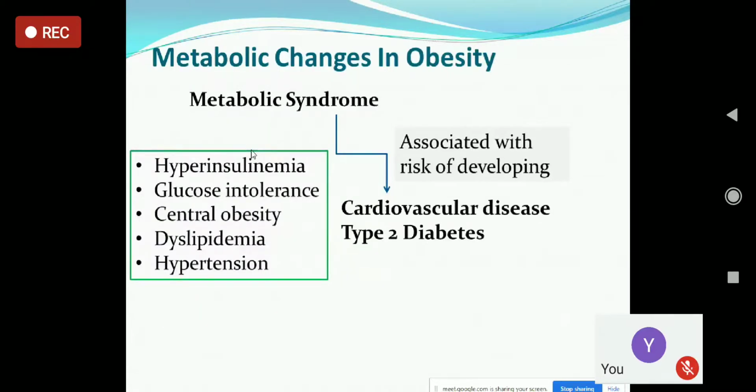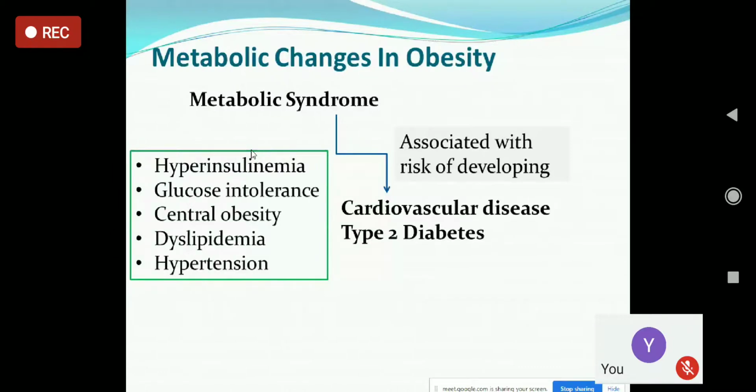So in obesity, there can be metabolic syndrome: hyperinsulinemia, glucose intolerance, central obesity, dyslipidemia, and hypertension. Due to all this, there is increased risk of developing cardiovascular disease and type 2 diabetes.